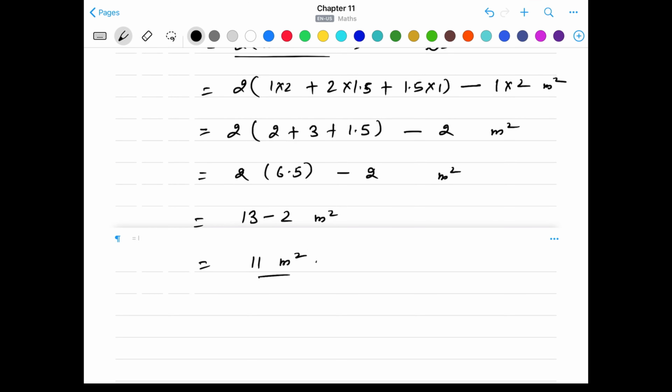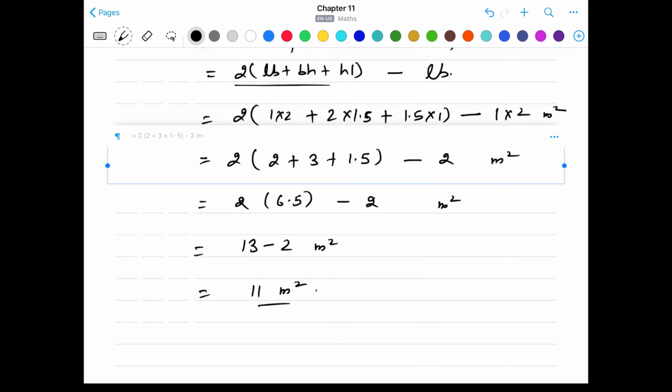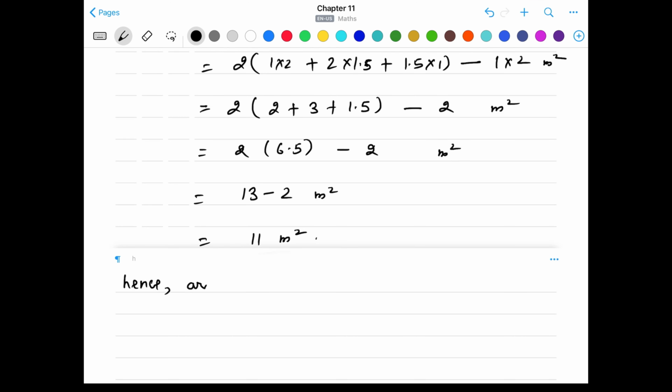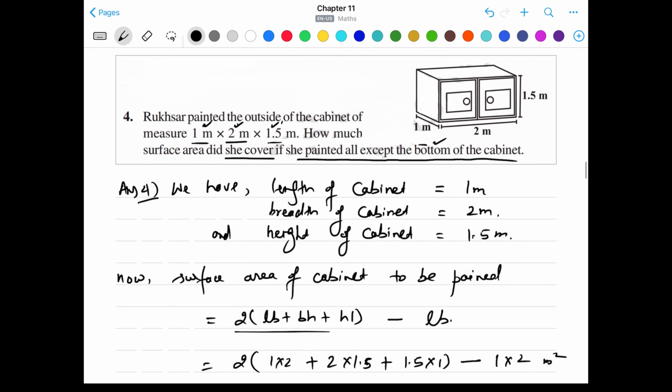That's the area of the cabinet which is to be painted by Rukhsar. Hence the area of the cabinet to be painted is 11 meter square. So that's the answer of question number 4 of exercise 11.4.